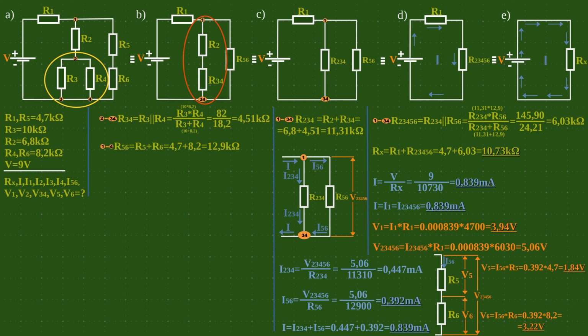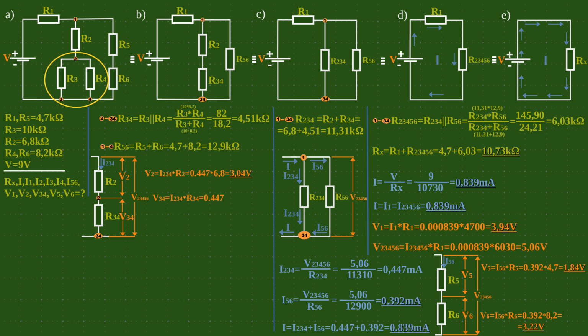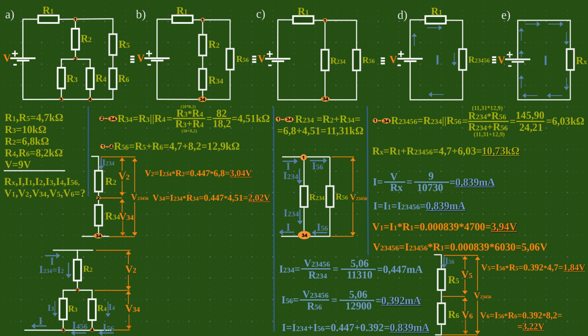We now return to diagram B, and calculate the voltages V2 and V3 in the same way as we have already calculated V5 and V6. The only difference is that we use I2-3-4 current to calculate. Finally, we only calculate the currents I3 and I4.